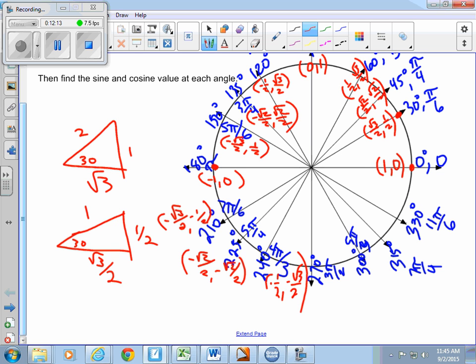And what about 270? 0, negative 1. So the cosine is 0, the sine is negative 1. 300, same as that one, except what's different in quadrant 4? Positive and then negative. X is positive, y is negative in quadrant 4.